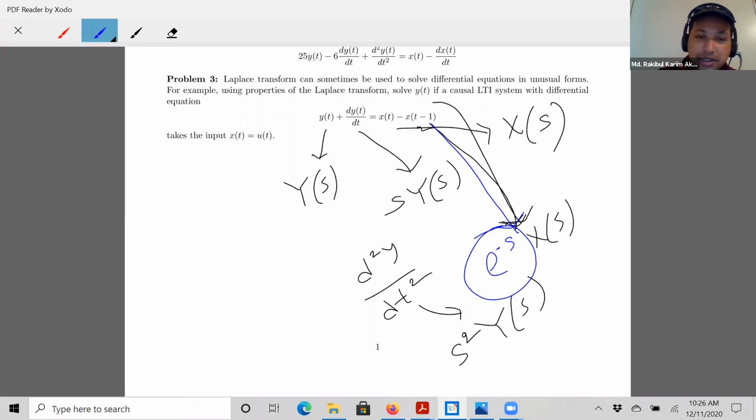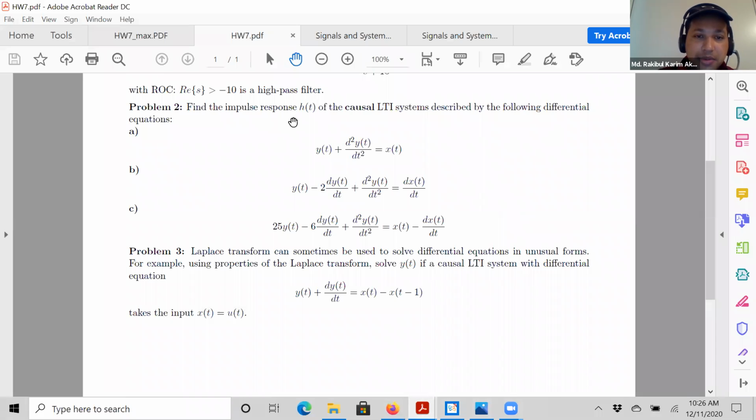Now, after writing the equations, you have to find the answer. Problem 2 asks to find the transfer function H(s). After writing everything in the s domain, you have to take all the Y and X terms on the left hand side and all the other parts on the right hand side.